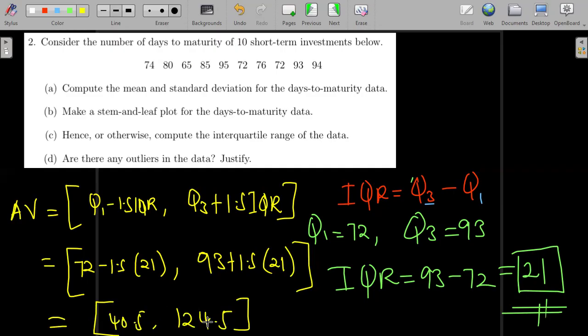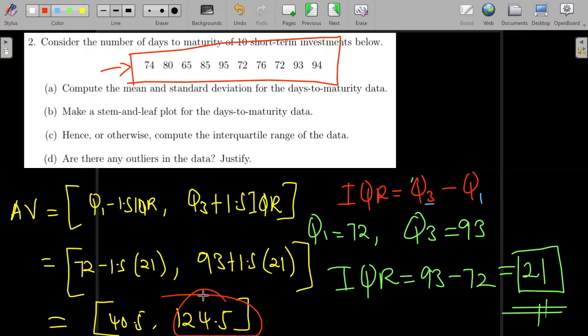Now you go back to your data here, you check, is there any value in this data that is below this smallest number, or is there any value in this data that is above this biggest number? If you can find a value in the data that you've been given that is below the 40.5 or above the 124.5, then you are going to call that value an outlier.